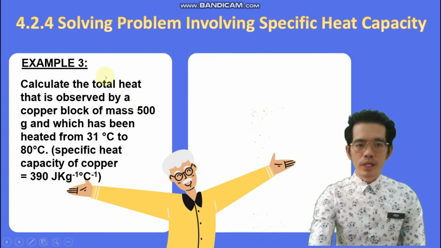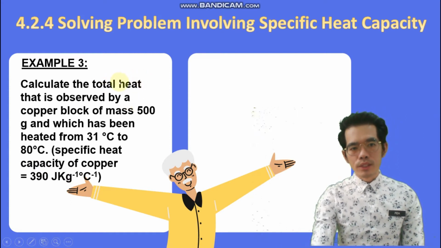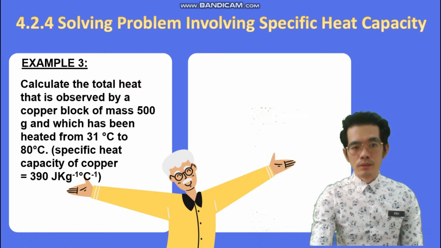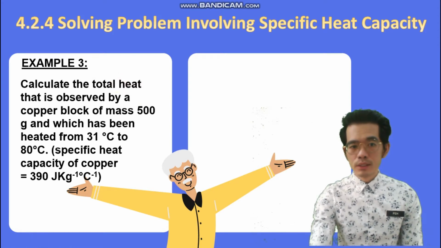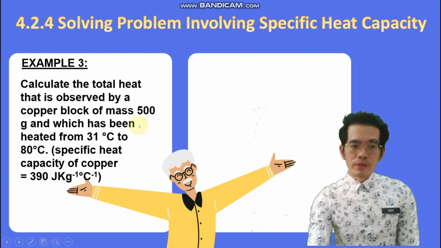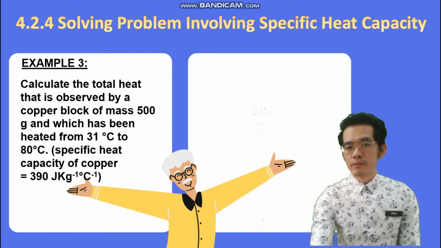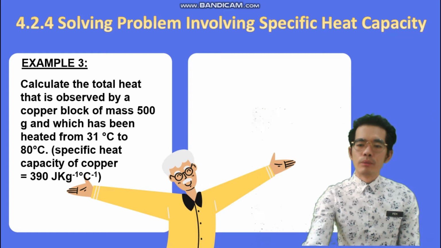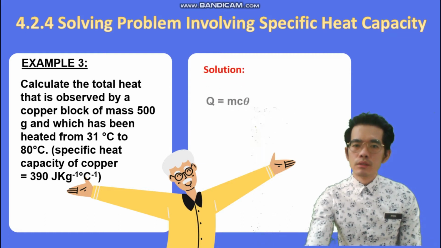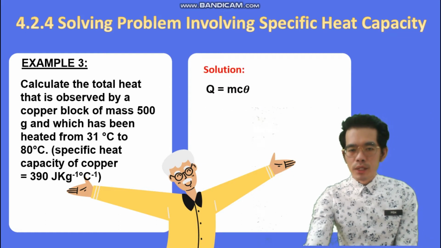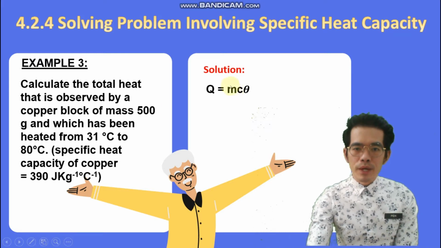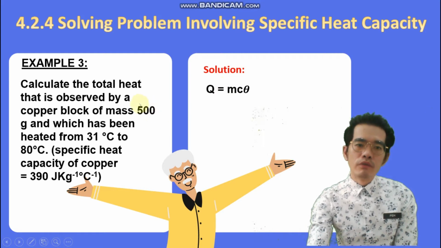So now we need to find the total heat needed to increase the temperature of the copper, which is 500 gram, from 31 degrees Celsius to 80 degrees Celsius. That means we need to find Q. So the formula will be Q equal mc theta. M is the mass of the copper and the value given is 500 gram.